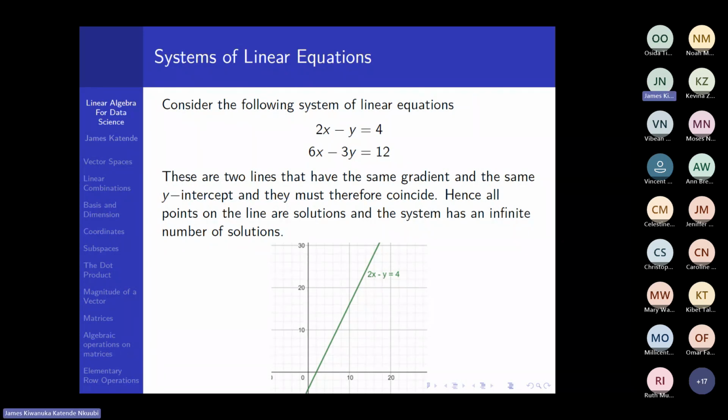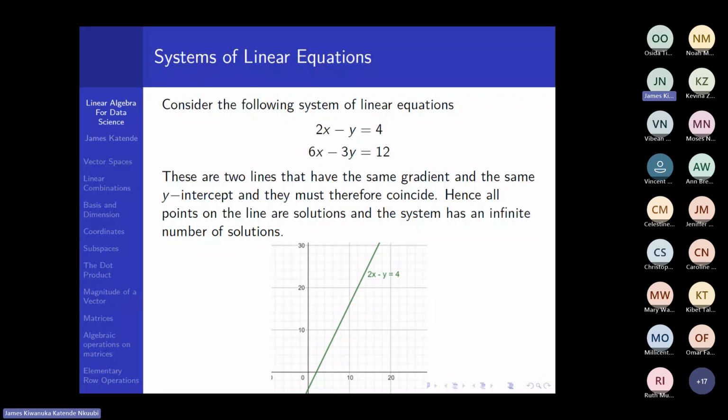There's some theory I have skipped that would assist you to understand this algebraically. So when working with a system of equations, you can also run some elementary row operations. Now, these elementary row operations on the system do not change the solution of the system. So for instance, you can multiply an equation by a scalar.